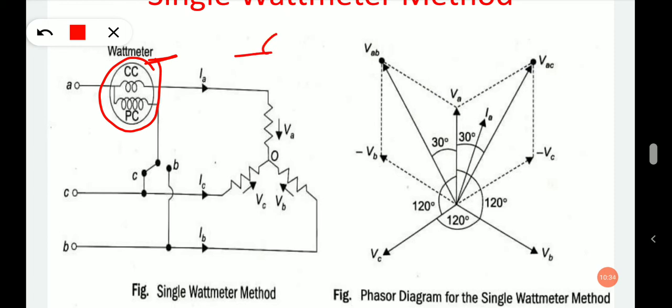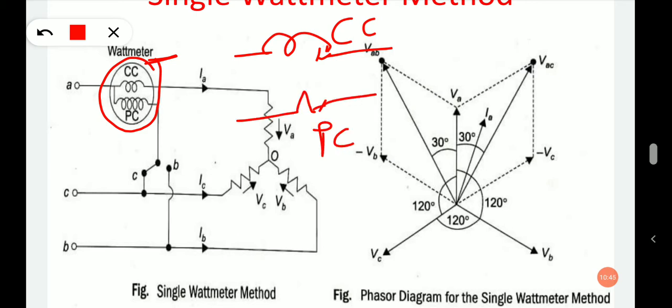So here we have already discussed that there are two coils, that is one is current coil and another is pressure coil. Okay, two coils are present in a wattmeter.